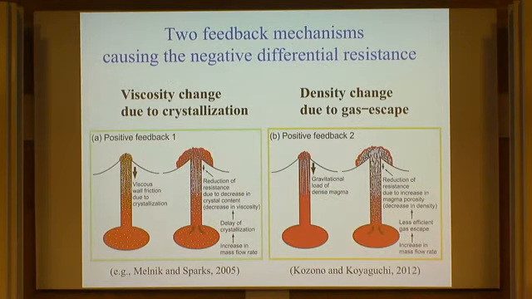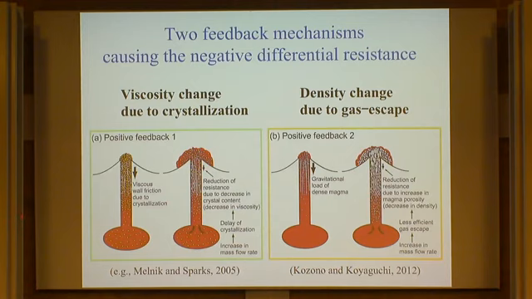Another important effect is that there are two feedback mechanisms causing negative differential resistance. One is viscosity change due to crystallization. As I said, the viscosity of magma increases as it reaches near the surface. But if mass flow rate increases, then the degree of crystallization decreases because of the delay of crystallization. That reduces wall friction, and that causes an increase in mass flow rate. So this gives one positive feedback.